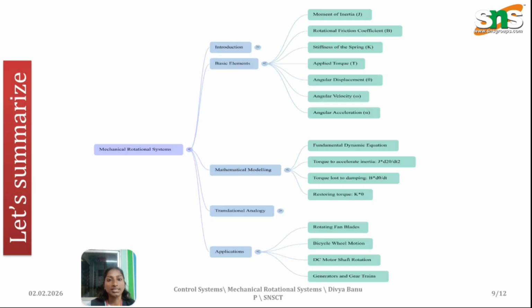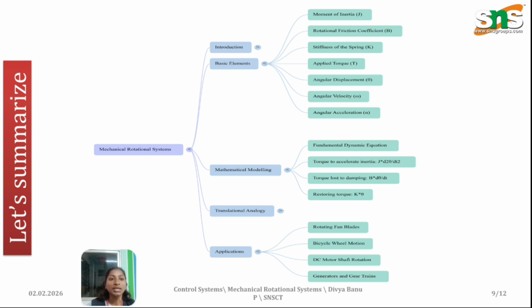Let us summarize. In mechanical rotational system, we learnt about the basic elements, which are moment of inertia, friction coefficient, stiffness of the spring, applied torque, angular displacement, angular velocity, and angular acceleration.